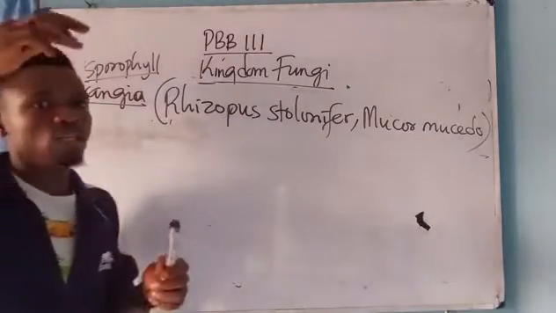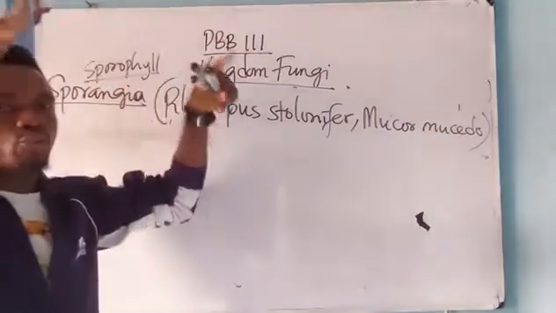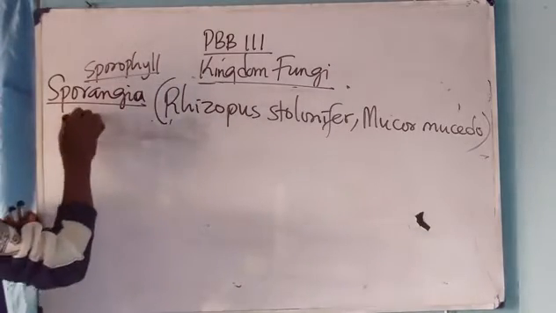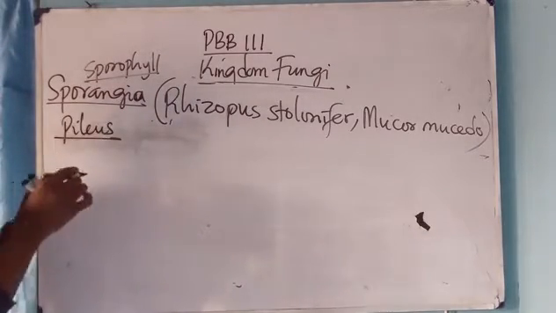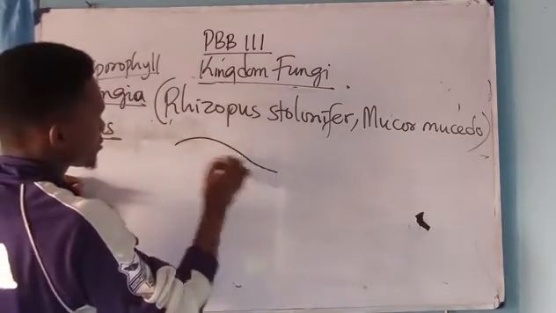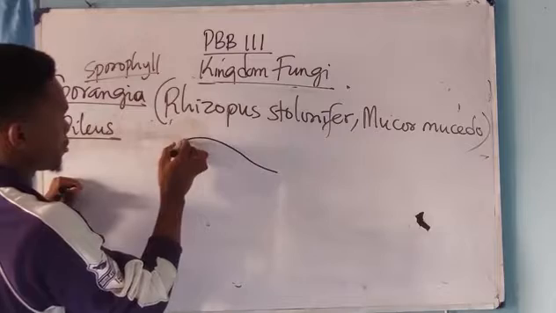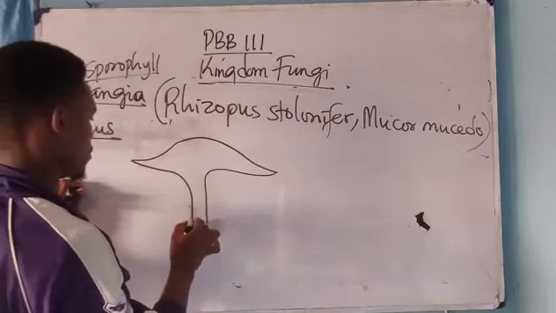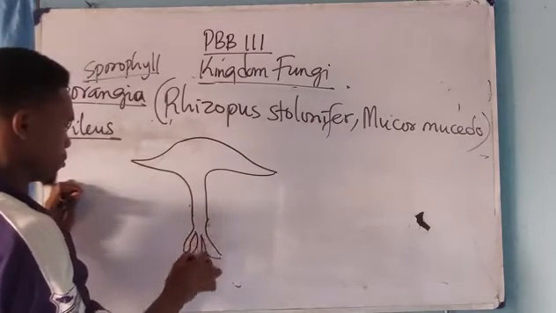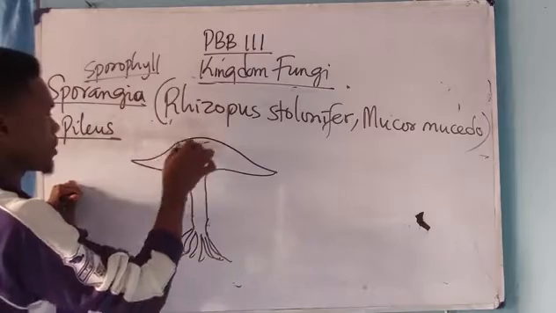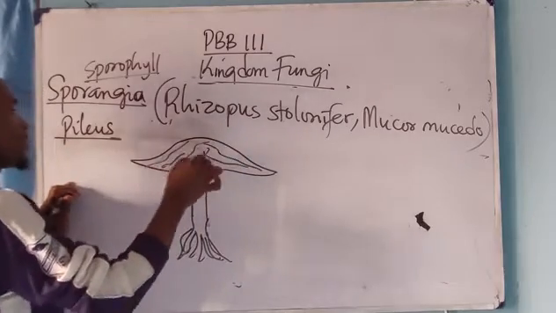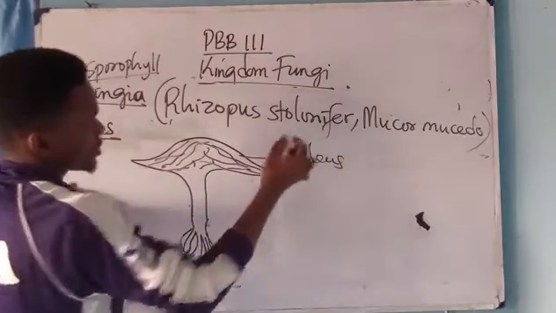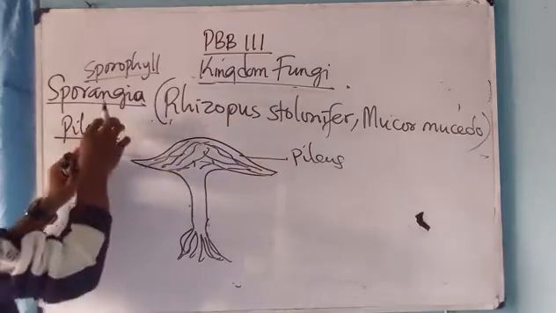Now the umbrella-like structure of a mushroom is called what? Pilus. The one that looks like an umbrella like this. This part that looks like an umbrella is called the pilus.